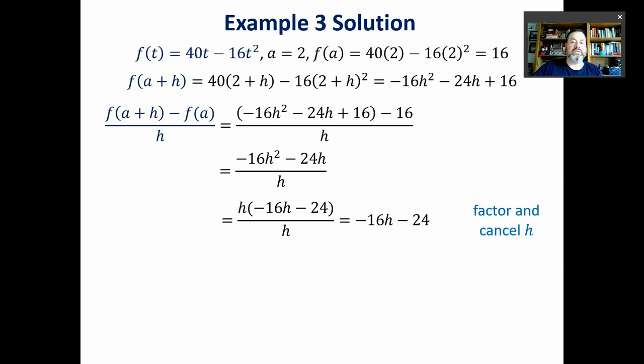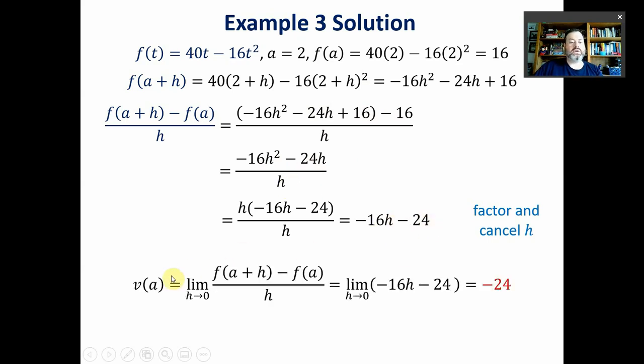So the limit of this expression, or this one alternatively, so the limit of the most simplified form that has an h in the denominator is the same as this. So when I want to compute the limit of this whole thing, well, this whole thing is equivalent to this. So I'm just going to plug this in instead. Now I'm not dividing by 0, so I'm allowed to plug in 0. And I get negative 24.